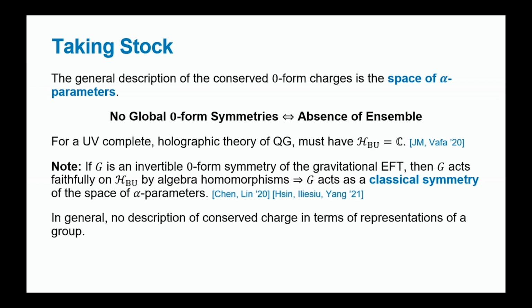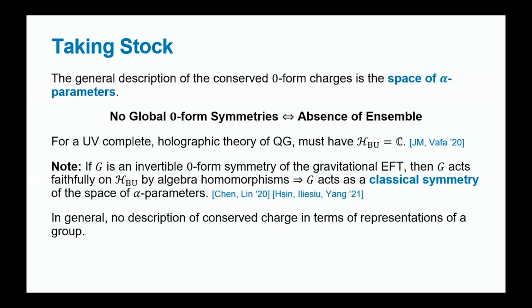So one note, and this has been observed in these papers, though it probably missed some. If we did have, in our gravitational effective field theory, an ordinary zero-form group acting as a global symmetry, we can conclude that this group only acts to permute the members of the ensemble. A formal argument is that G acts on the baby universe Hilbert space by algebra homomorphisms, so it acts as a classical symmetry of the space of ensemble parameters.